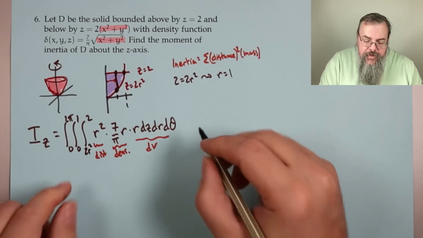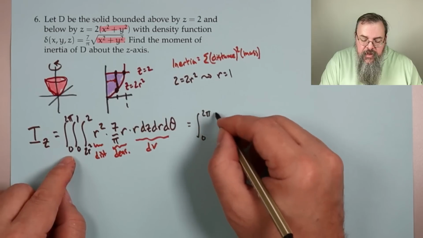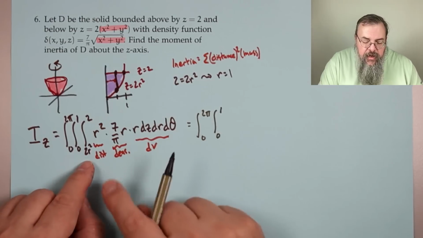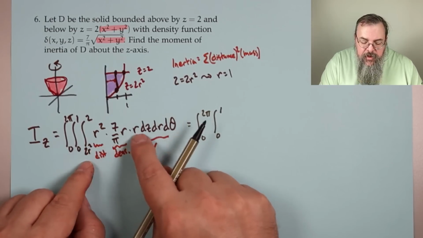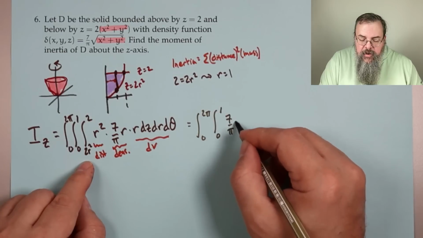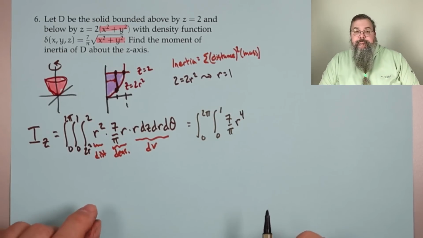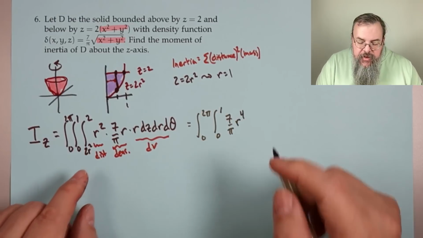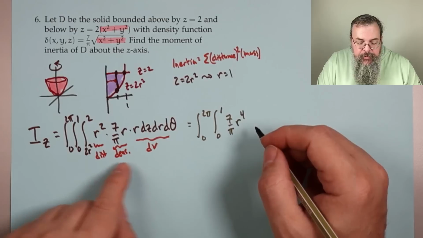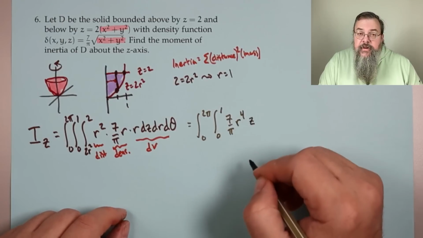Well, so let's do the integral. 0 to 2 pi, 0 to 1. And now we have an r squared times r. And so we have 7 over pi r to the 4th. Okay? And what's going to happen next? We're integrating with respect to z, so it's times z, because there's no z's there.